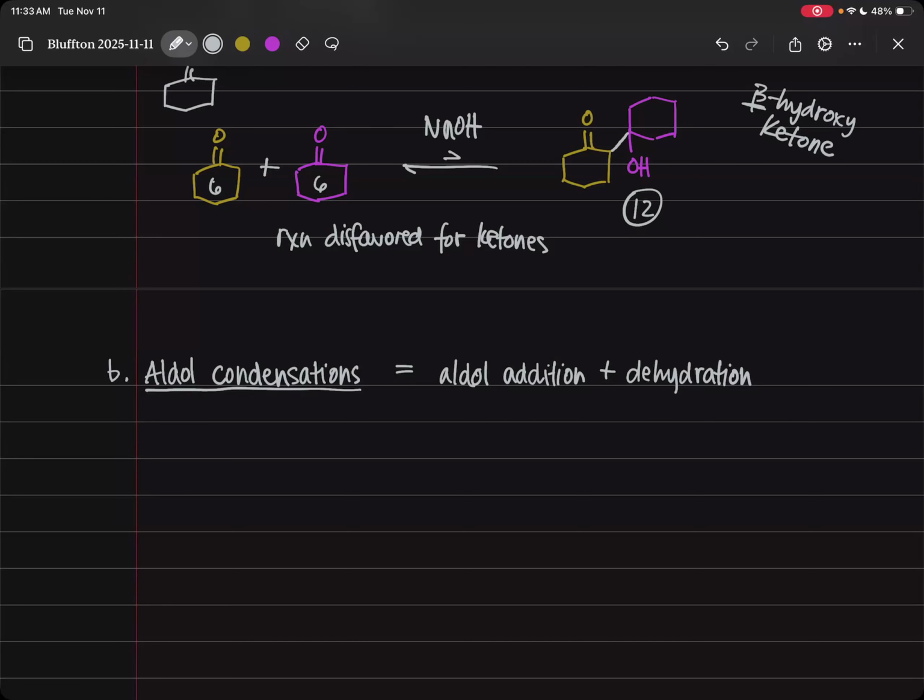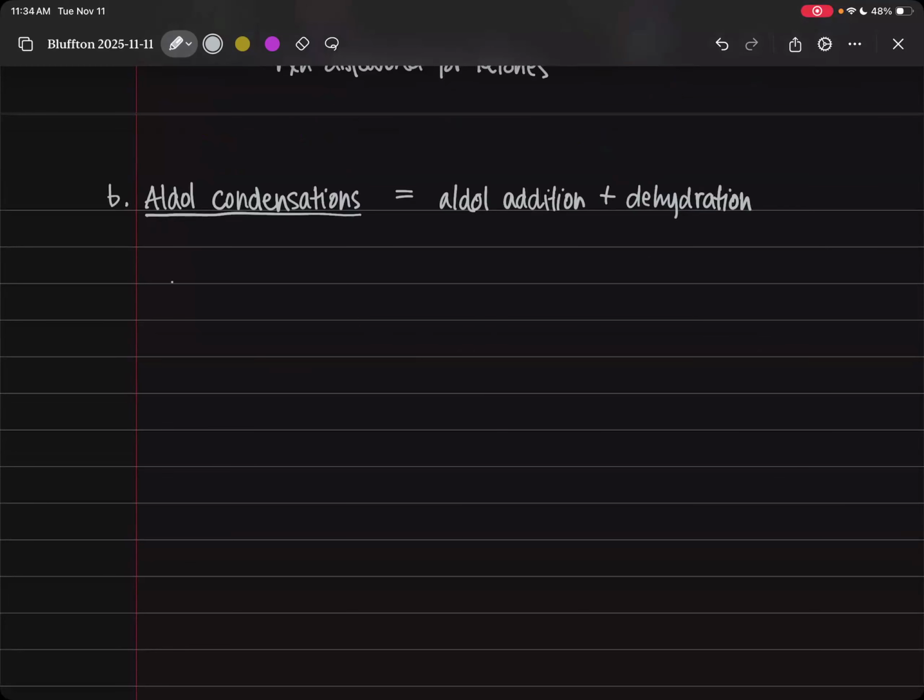So we'd use ethanol like we did before, use sodium hydroxide, and then the key here is heat. Heat is a requirement for this reaction.